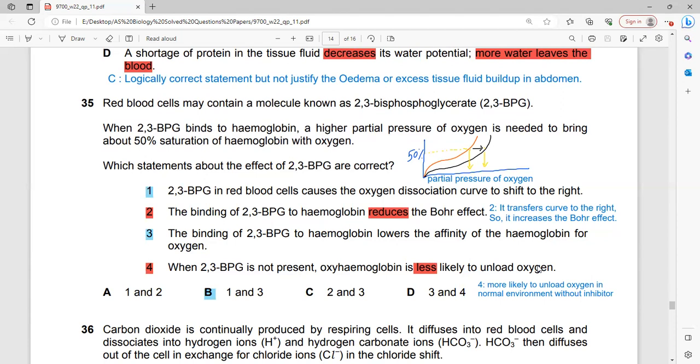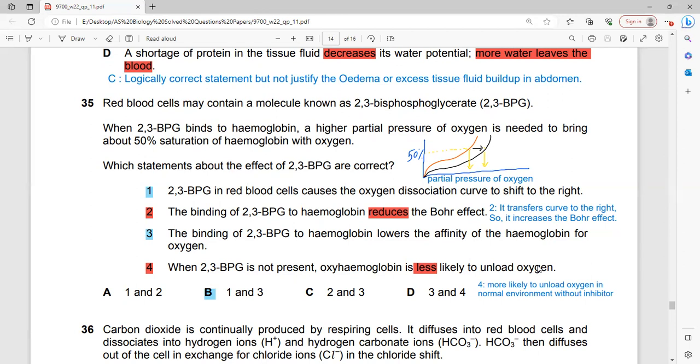It means 2,3-bisphosphoglycerate is decreasing the affinity of hemoglobin for oxygen, so more oxygen is needed to get 50% saturation. In this way, the curve will shift toward the right in the presence of 2,3-bisphosphoglycerate.